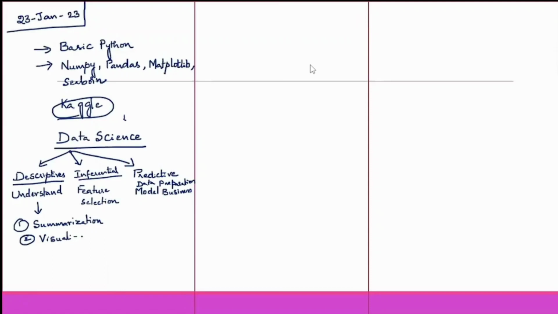For visualization we have used Matplotlib and Seaborn, where we were trying to understand what had actually happened with the historical data.